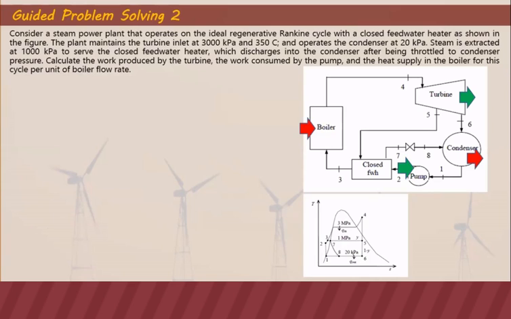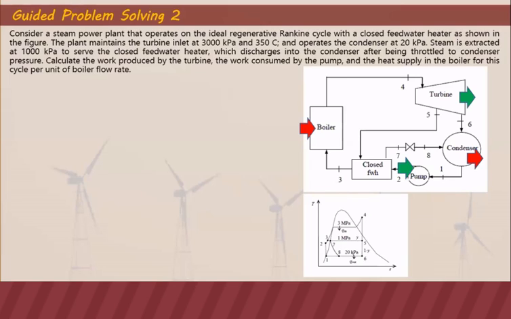Guided problem solving number 2. In here, we are given a steam power plant that operates on an ideal regenerative Rankine cycle. But this time, we have a closed feed water heater. The plant maintains the turbine inlet at 3000 kilopascal and 350 degrees Celsius and operates the condenser at 20 kPa.